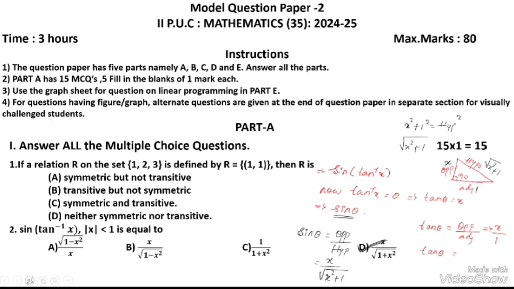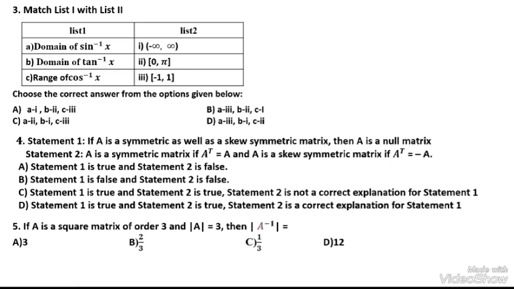Now I will move on to the next question. Question number 3: match list 1 with list 2. Here we know the domain of sine, cos, tan, all the trigonometric as well as inverse trigonometric functions. The domain of the sine inverse function is the closed interval minus 1 comma 1.